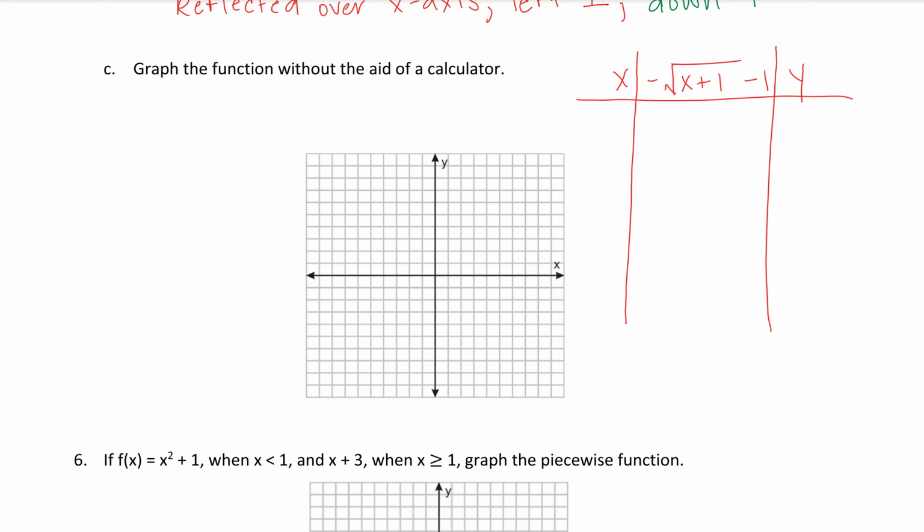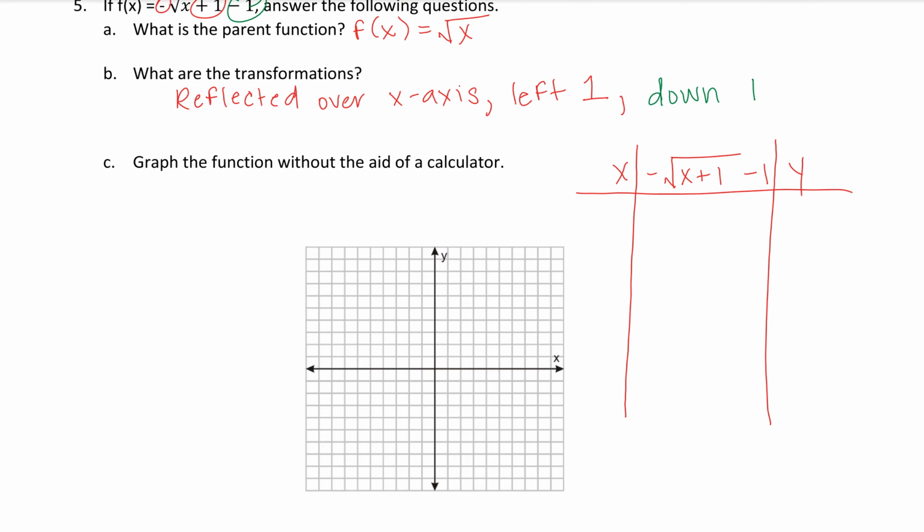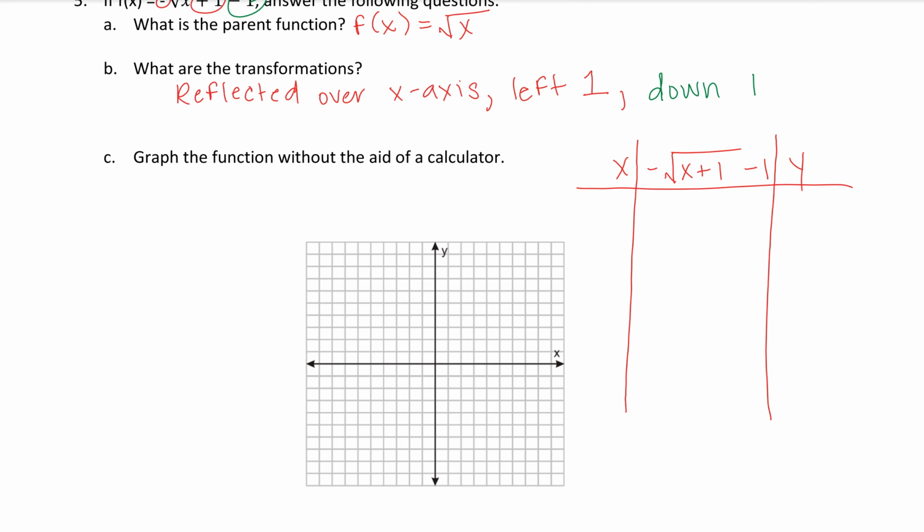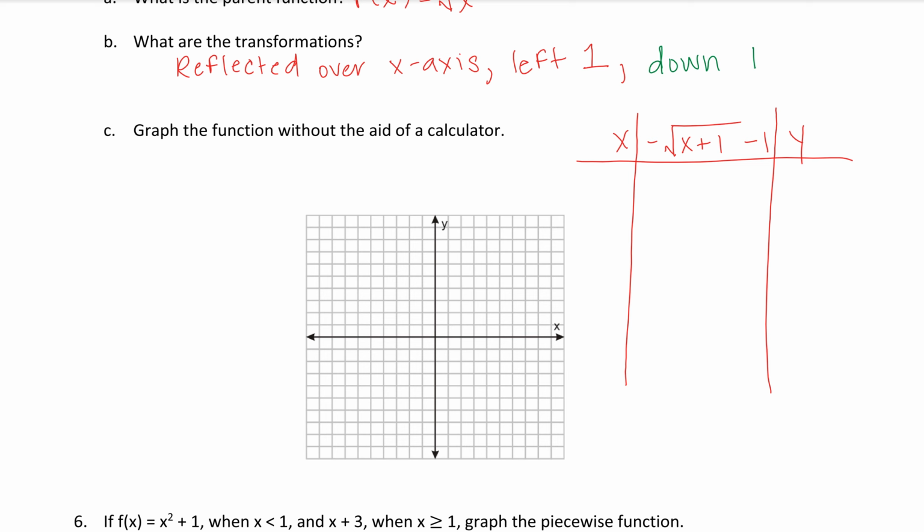All right, so very first thing, I already know from my left 1, down 1, I know that the first solution to my problem or point on my graph is going to be -1, -1, because it tells me I'm going left 1, down 1. So left 1, down 1, I know that it starts right here.